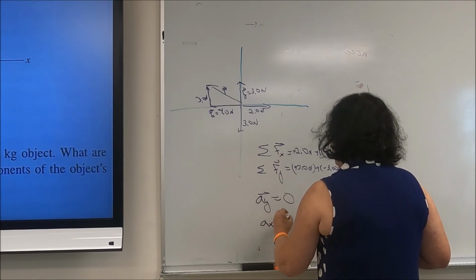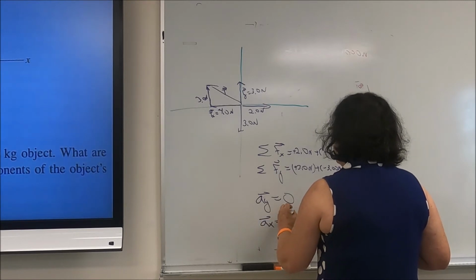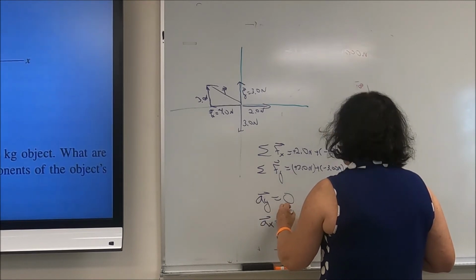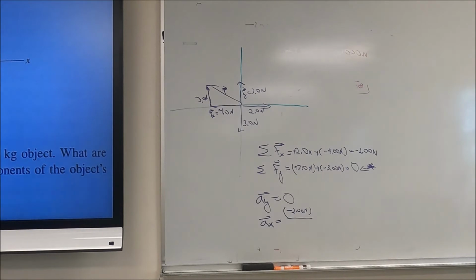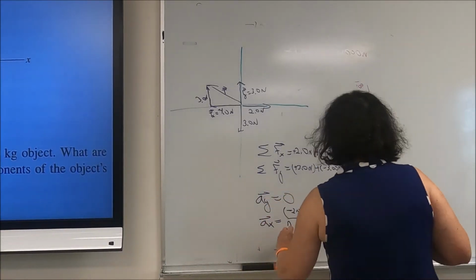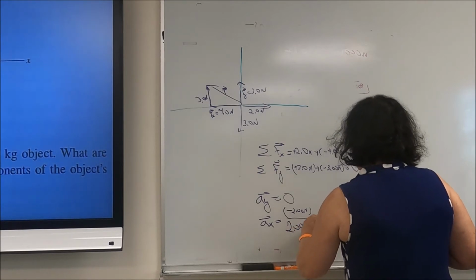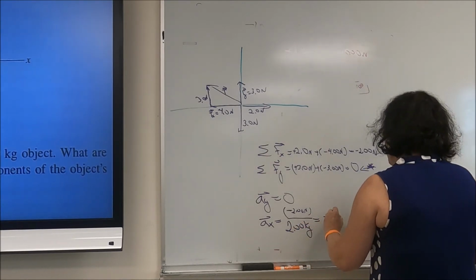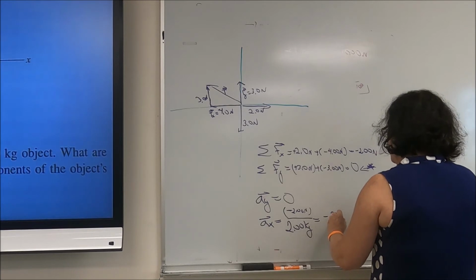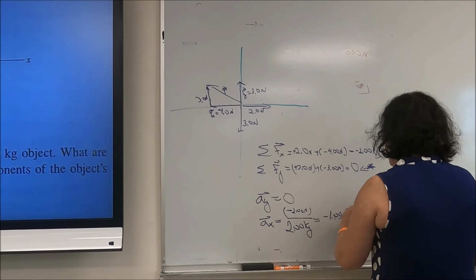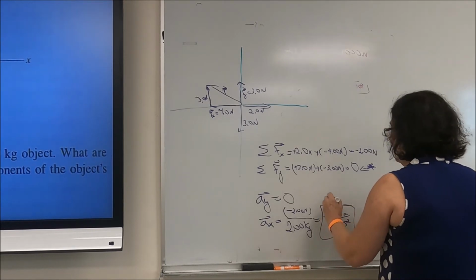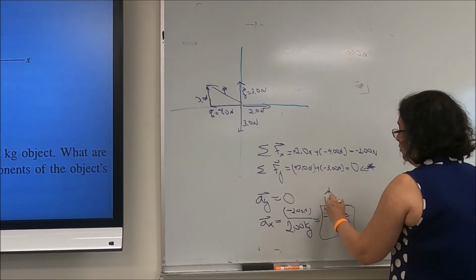Acceleration in the x direction is going to be the net force in the x direction, minus 2 newtons, divided by the mass of the object, and we were told that it was a 2 kilogram object. So that gives me a minus 1 meter per second squared. The negative means minus x direction.